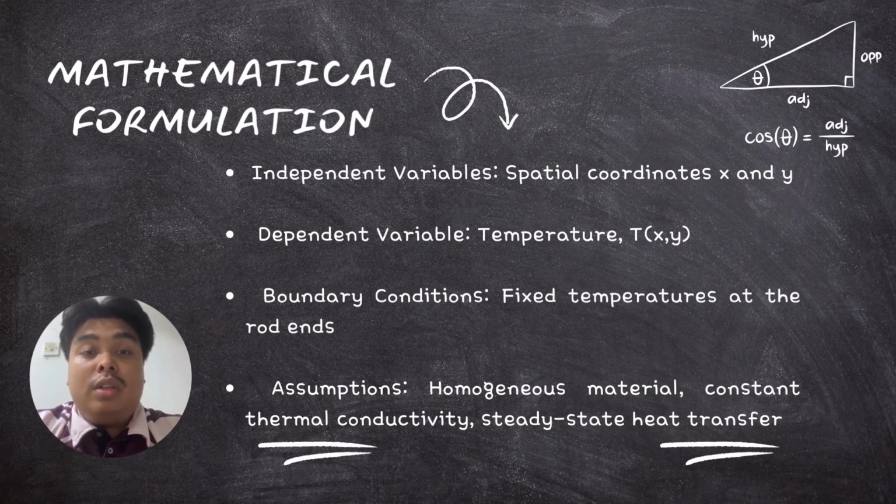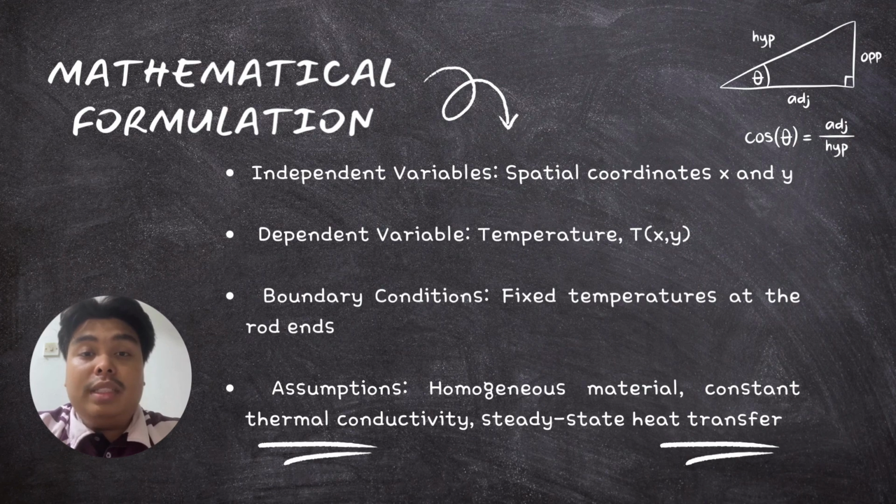When uniform internal heat generation is present, the governing equation becomes the Poisson equation to account for the additional heat produced within the material. In the project, temperature is assumed to vary mainly along the length of the rod for the analytical solution, while a two-dimension formulation is used for computational visualization.